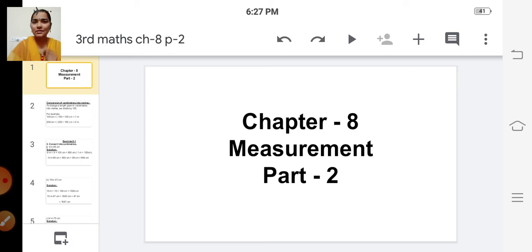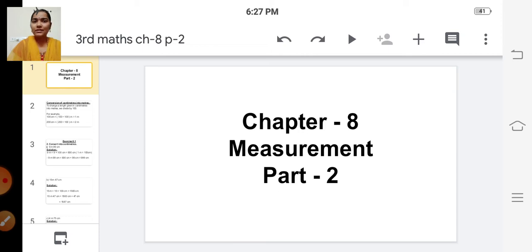Okay, children, this is the small thing you have to remember. This is the common thing for all the units. What is the thing? To convert bigger unit into smaller unit, we have to multiply.